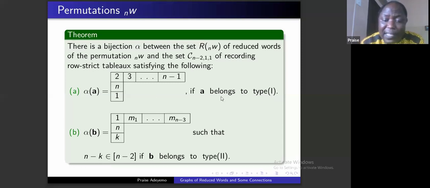And then we know that there's only one, the one in black. So we are going to have this for the one in type 2. This is the nature of the recording tableau, and I'm going to explain that later on.